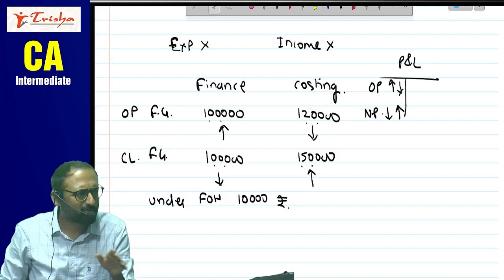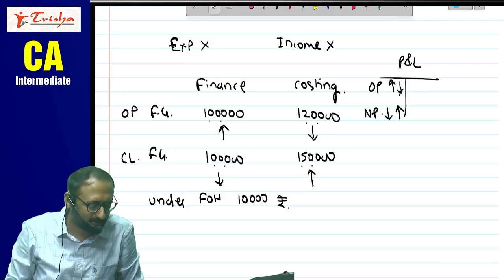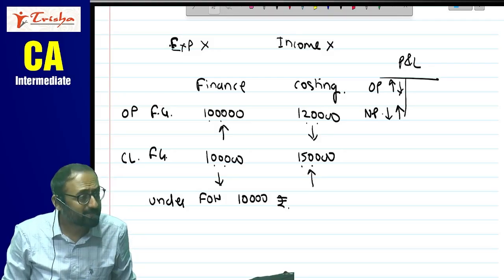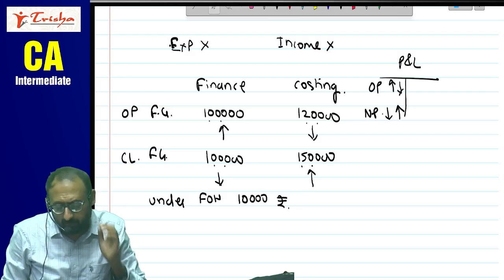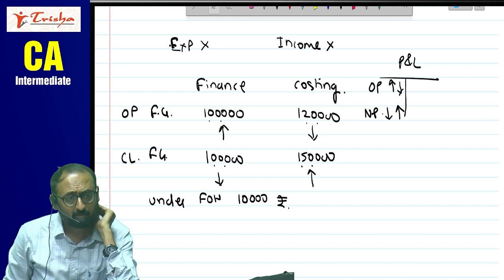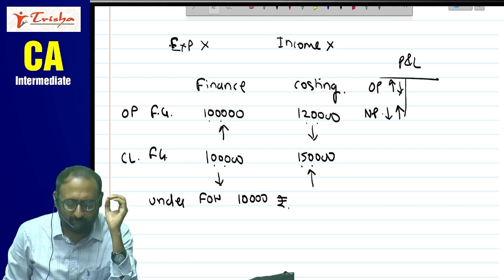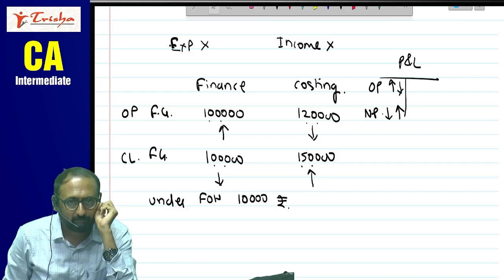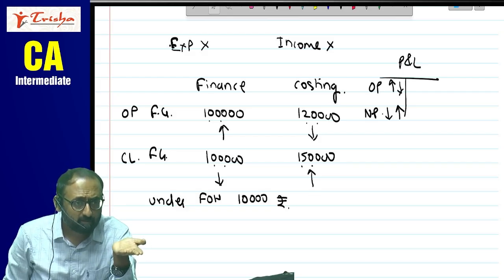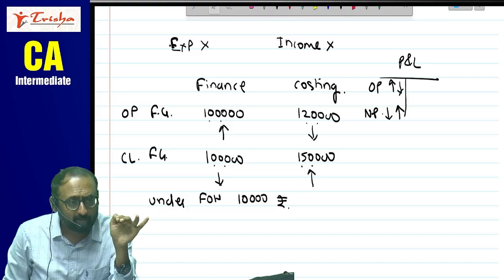Any answer? Finance profit, more or less? Yes, tell me quickly. Some answer you'll have to give. You cannot sit idle. Whose profit will be more? Whose profit will be less? Tell me. Finance profit will be more and costing profit will be less.